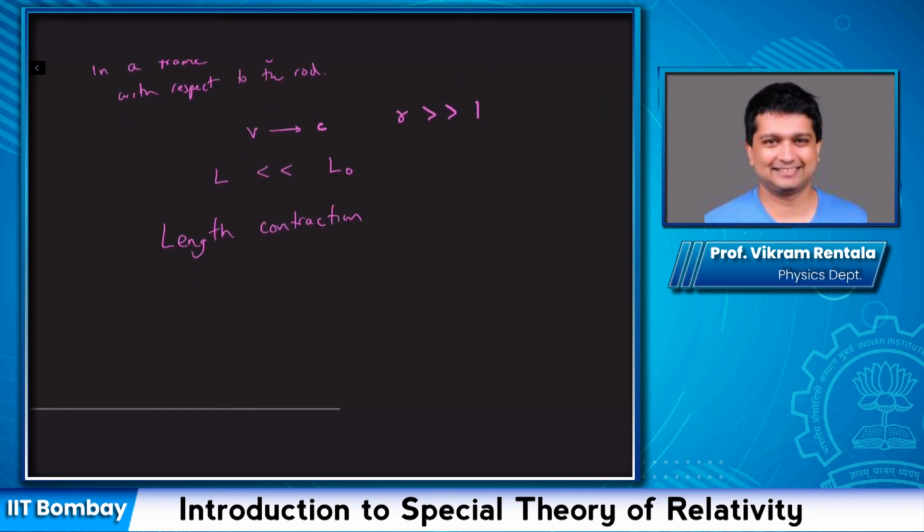And we would say that the rod appears to be smaller as seen by the ground observer, or observer moving with respect to the rod.